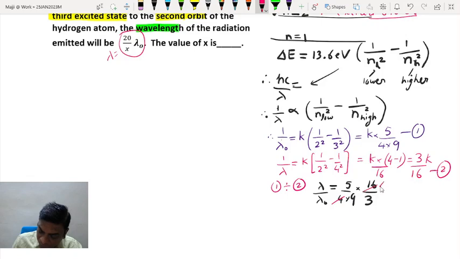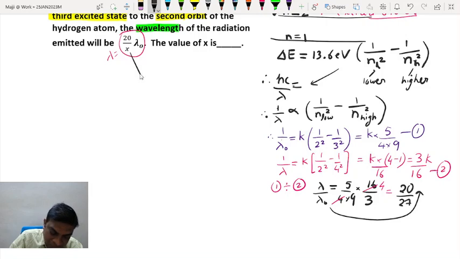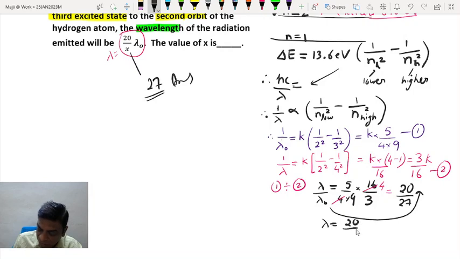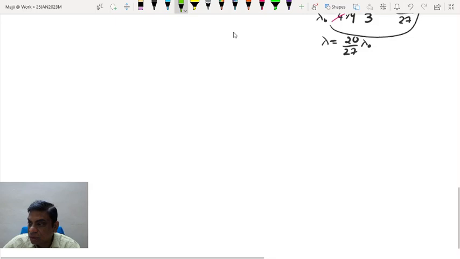So finally we are getting 20 by 27. Lambda is equal to 20 by 27 into lambda naught. So x is 27.